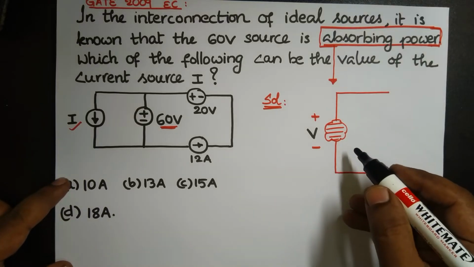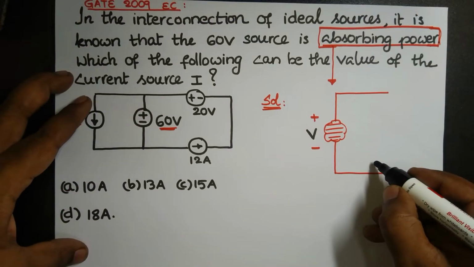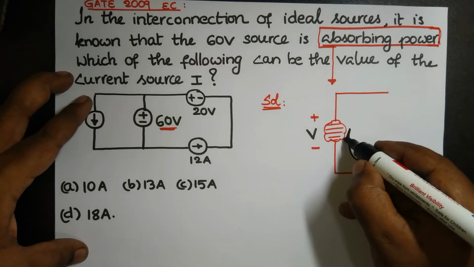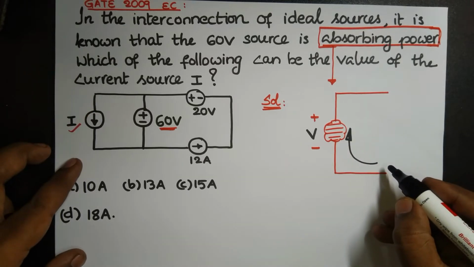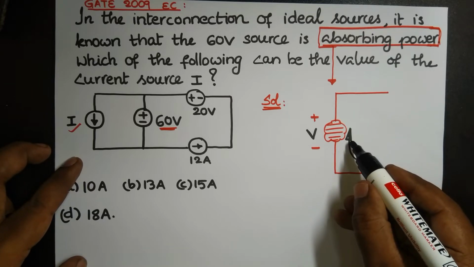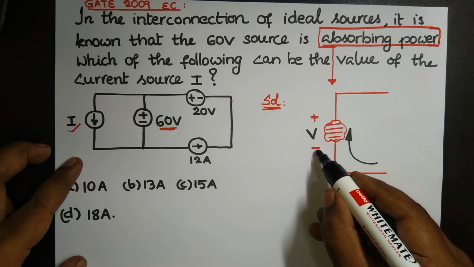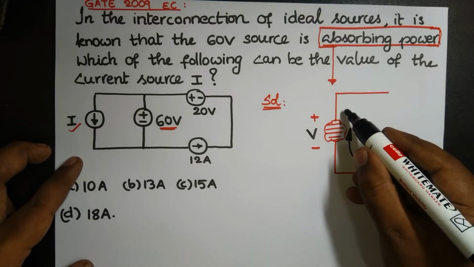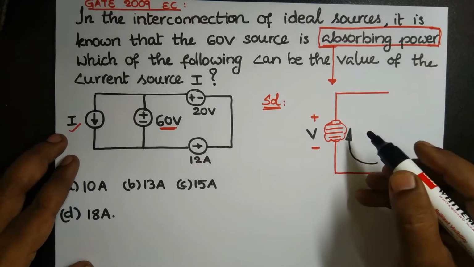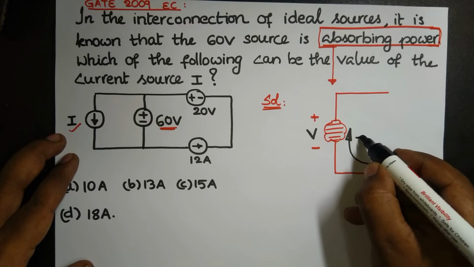So let's take a voltage source like this. Let's assume that some current is going all the way, say in the clockwise direction. Now current is entering at the negative terminal and exiting at the positive terminal. So in this case, what happens? This is the current, right?